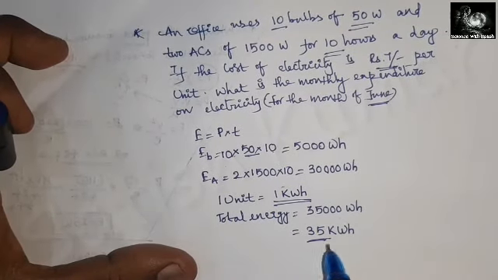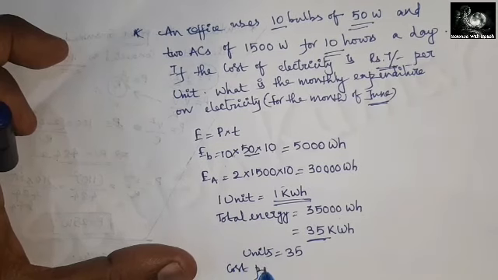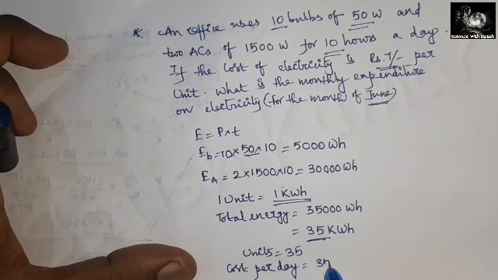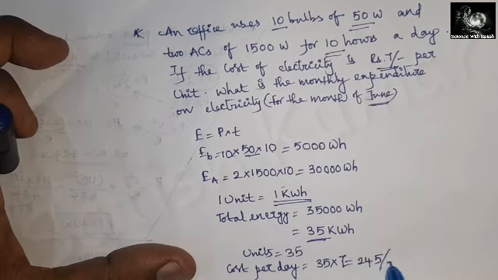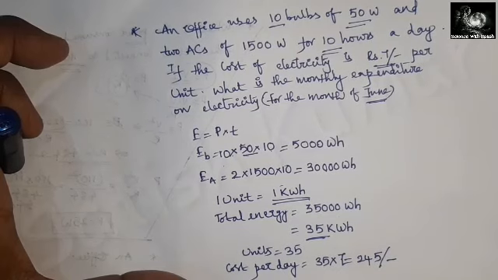So how many units are here? 35 units. 35 cost per day is equal to 35 into 7 rupees each. So, 7 fives are 35, 7 threes are 21, 245 rupees. This is per day. So expenditure in the month of June.